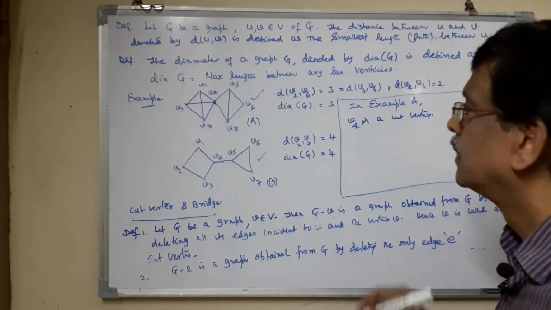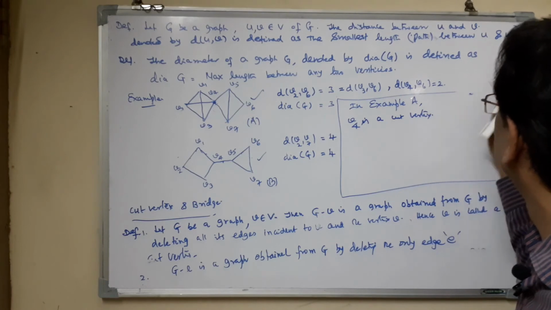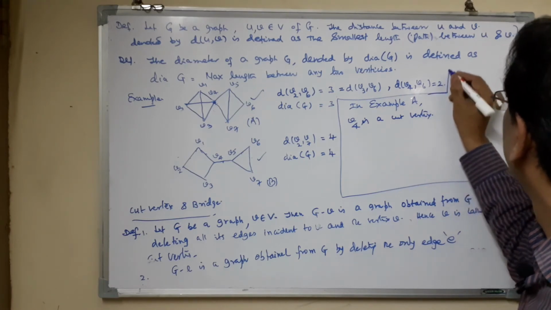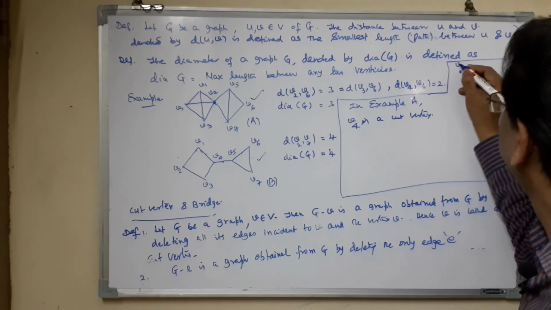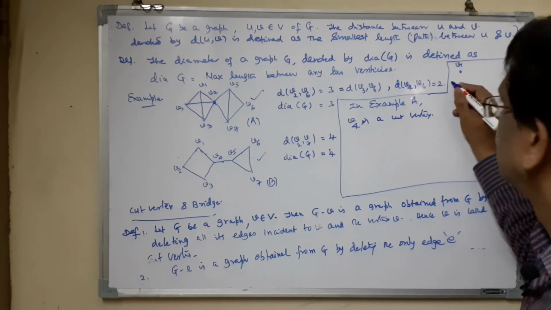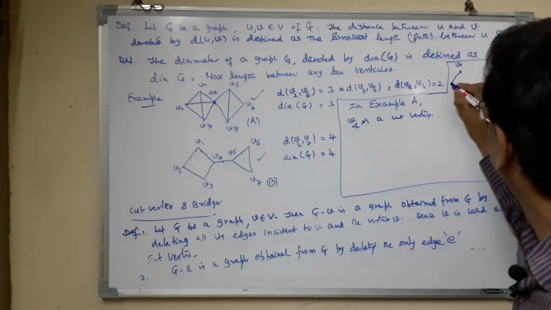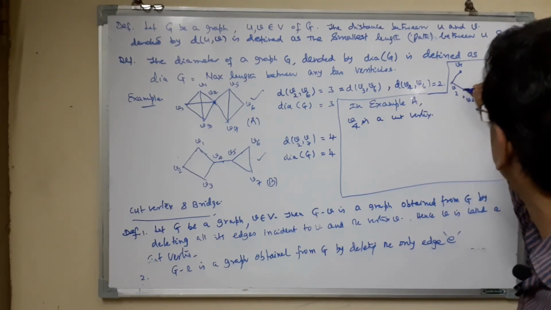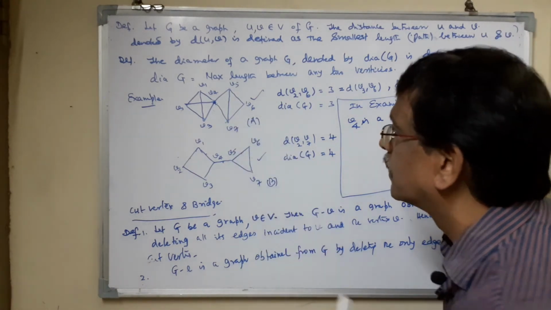Why? I want to remove it, so I have to write down everything. Look at this. I will write down V1, V2, V3. These edges are the same because there is no change. What about V4?